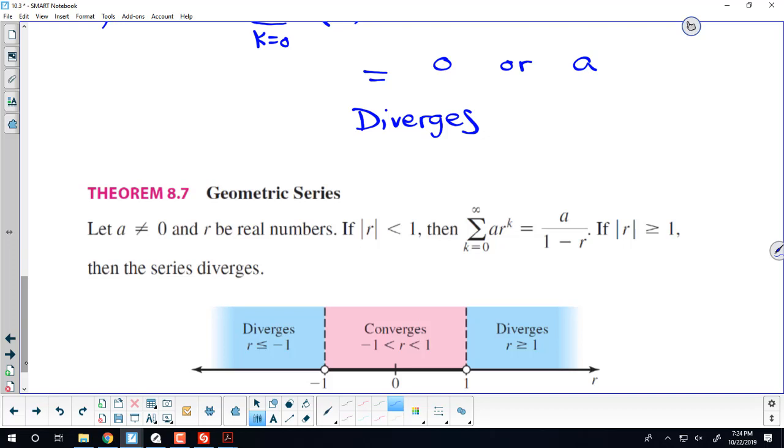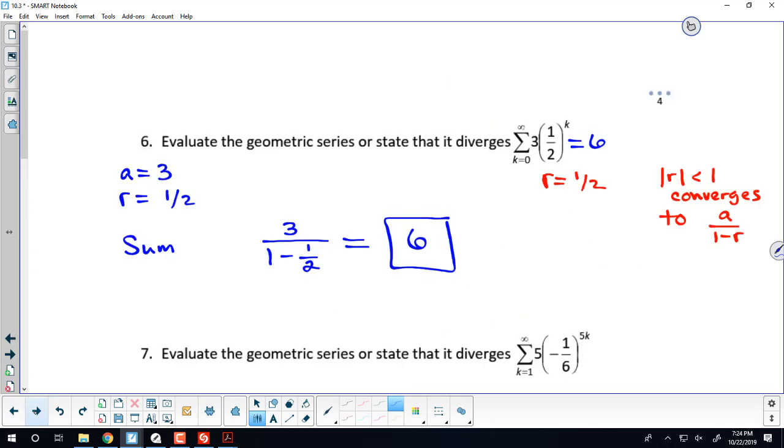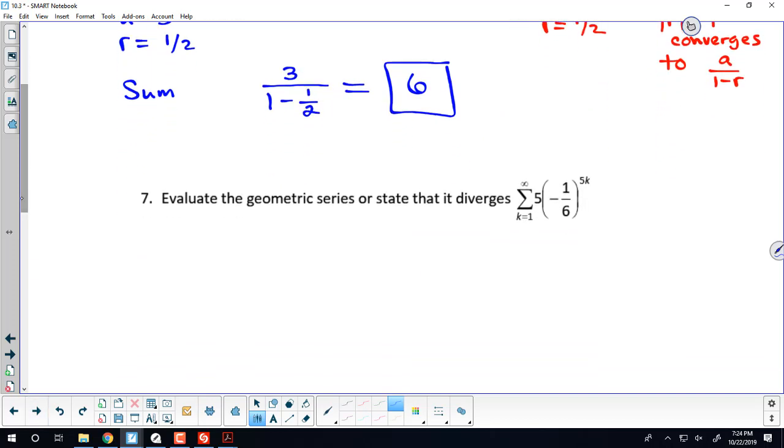A times r to the 0. But in general, this a is just the initial term. Here, we don't want to look at negative 1/6 as our r because it's to the 5k. We want that 5 in there with the negative 1/6.